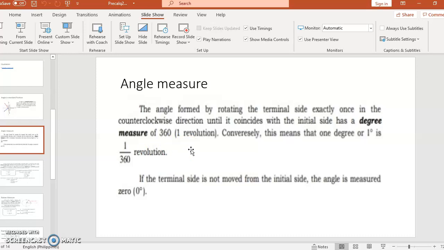Conversely, this means that 1 degree is 1 over 360 revolution. If the terminal side is not moved from the initial side, the angle measures 0 degrees.